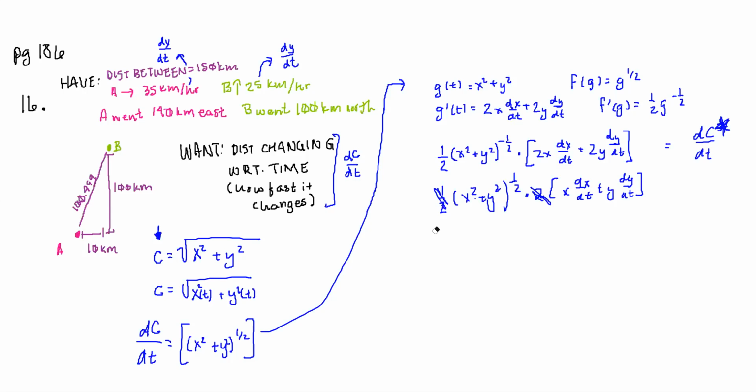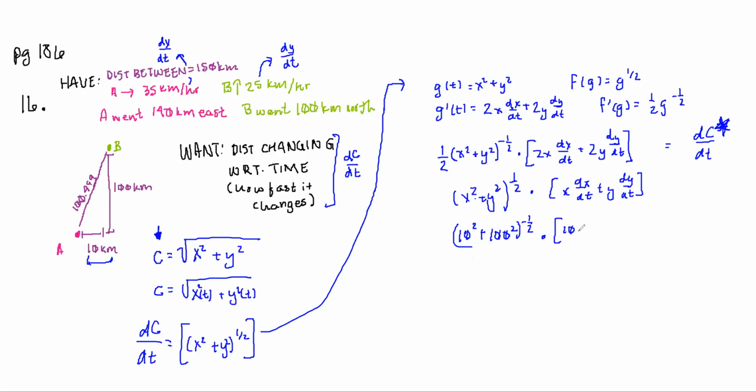So it will end up just being like this, which makes life simpler for us. Yep, we plug in the values. So we have x being equal to our x value right here. So that's 10 squared plus 100 squared to the negative 1/2 times 10.